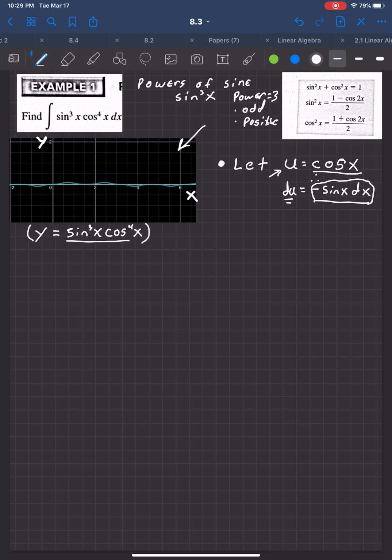So the goal is, let me see if I can capture that tip that was on the previous page. Let me write this here.